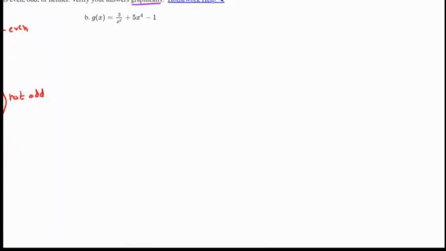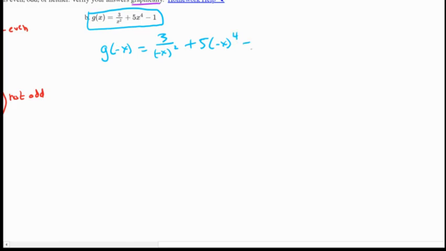Second one here, we'll do in blue, our original equation, which is important, then g of negative x, and then negative g of x. To simplify this one, when I have negative x squared, that would be negative x times a negative x, which is just going to be a positive.